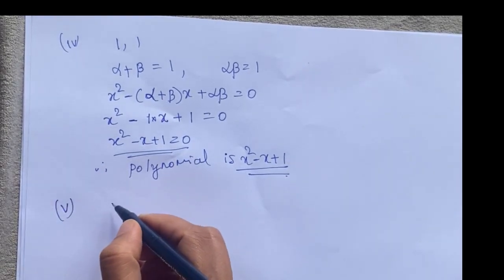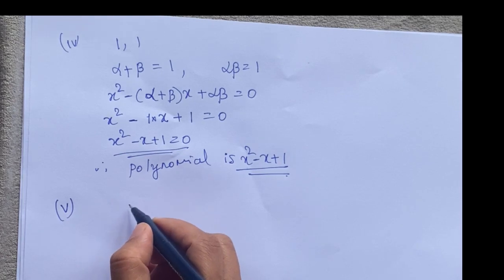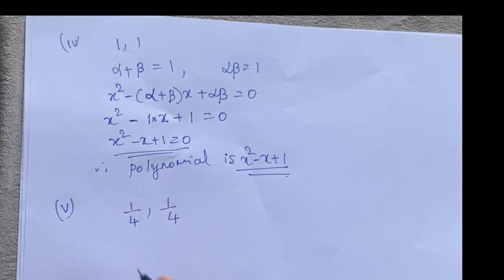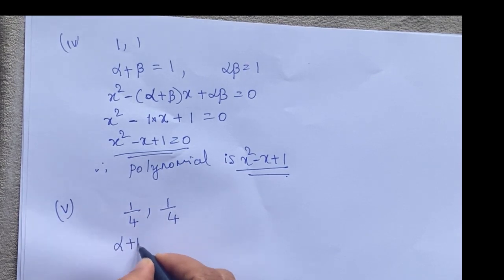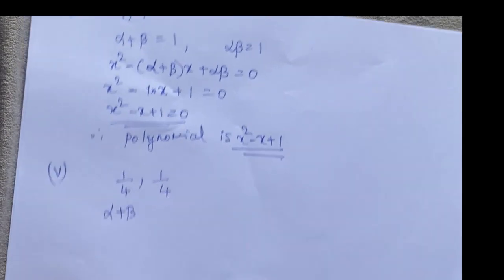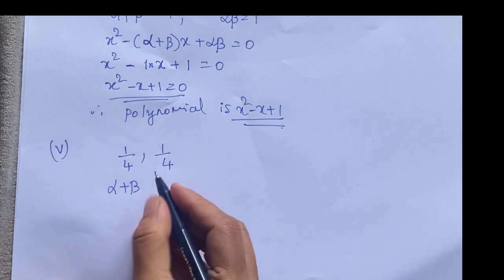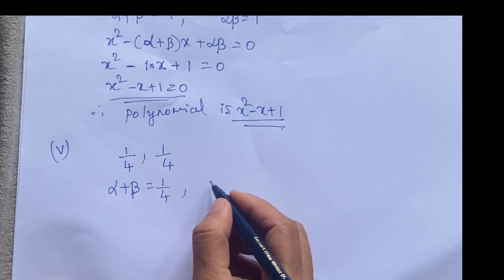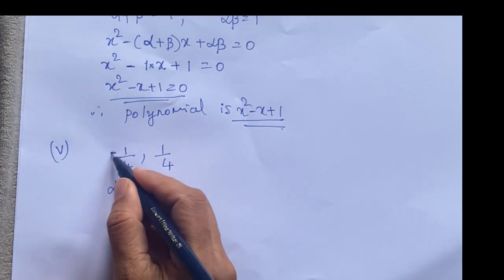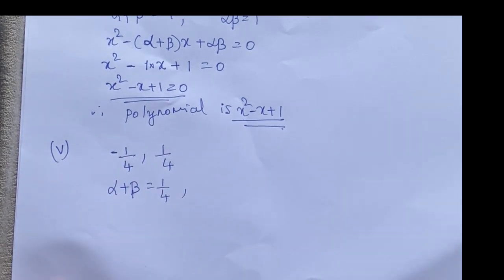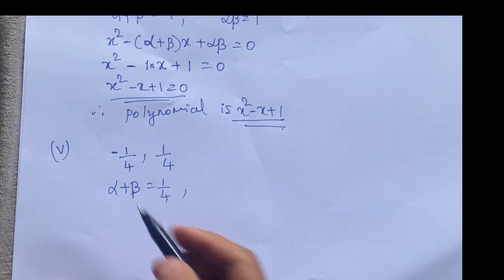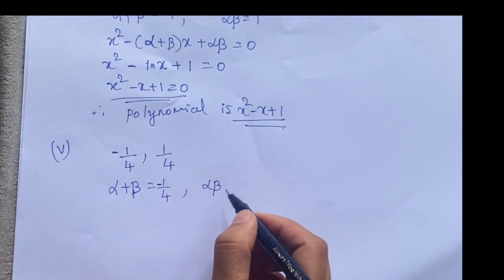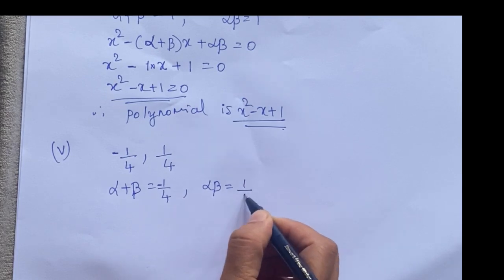Fifth one is 1 by 4, 1 by 4. They are given alpha plus beta. The sum is minus 1 by 4 and the product of zeros is 1 by 4.